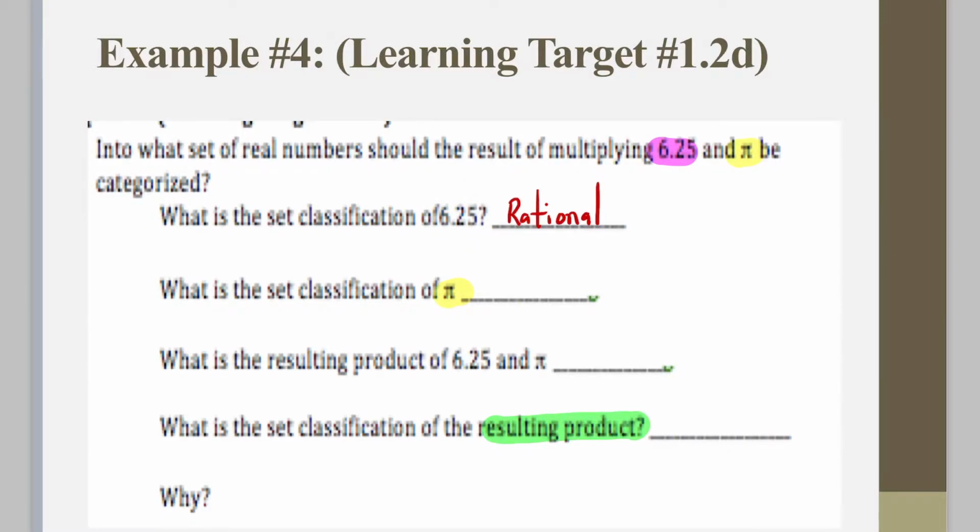So that is the set classification of 6.25. Now, the set classification of pi. Well, pi in its current form is not written as a decimal.